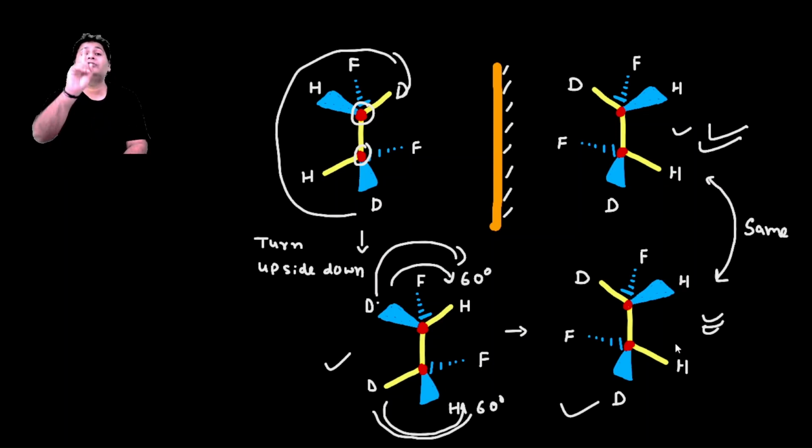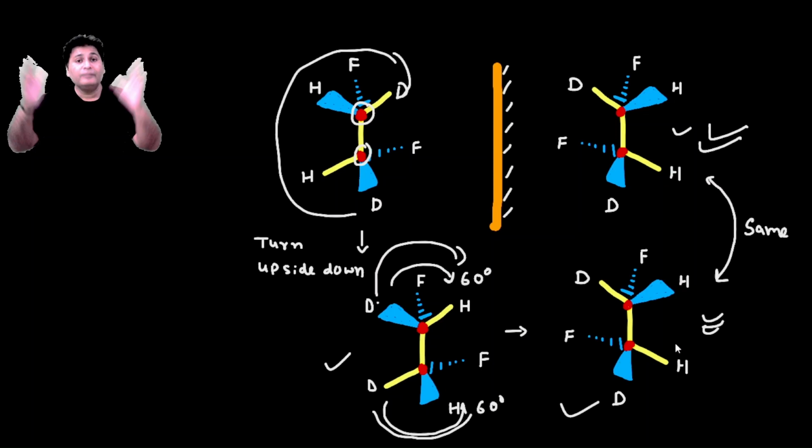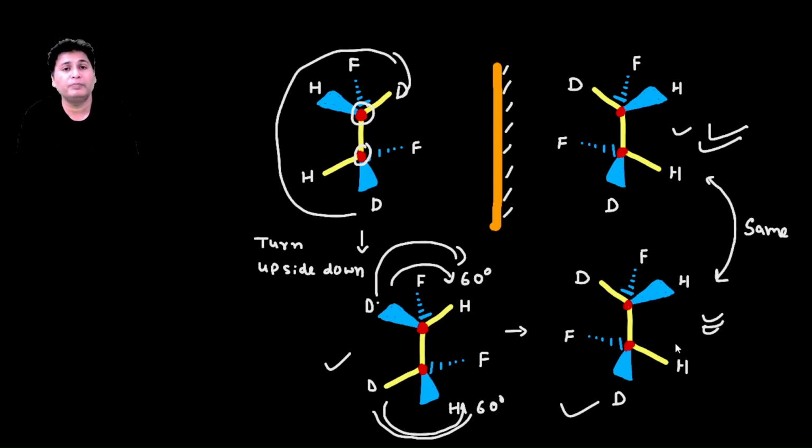However, if it has one chiral carbon, it ensures the chirality. If there are no chiral carbons, in most cases the chirality is not there. However, there may be cases, which I will take up in future, where chiral carbons are not there but still the compound is chiral.